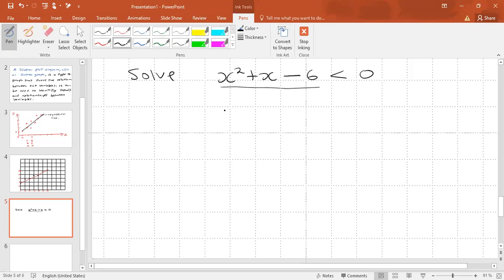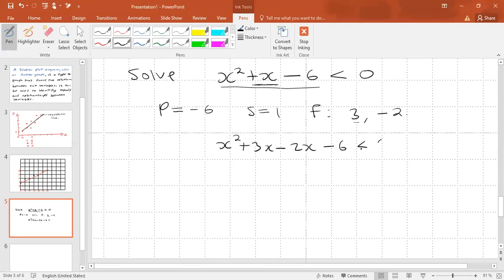So like I said, the product is negative 6. The sum is 1. The factors are positive 3 and negative 2. So we'll replace the sum here with the factors 3 and negative 2. So this will turn out to be x squared plus 3x minus 2x minus 6 less than 0.